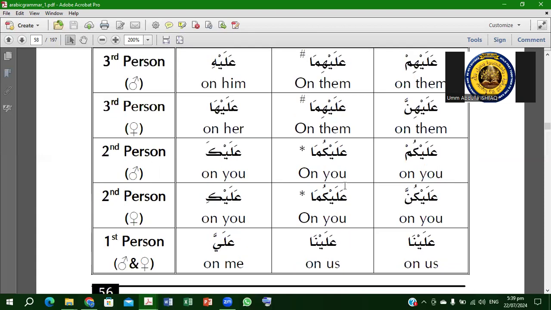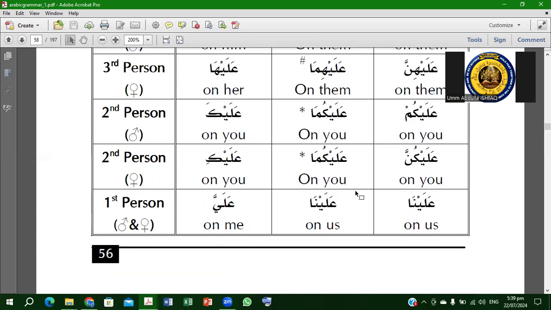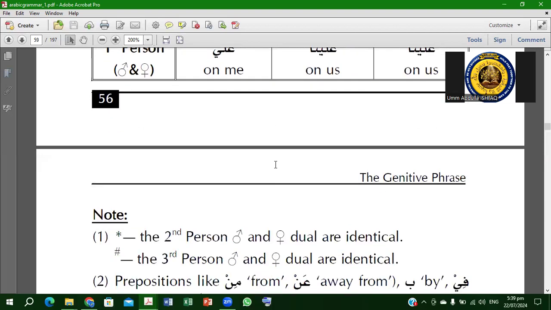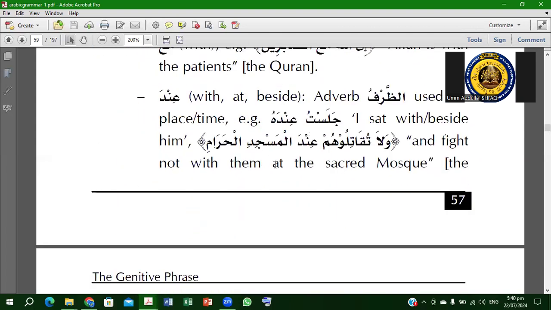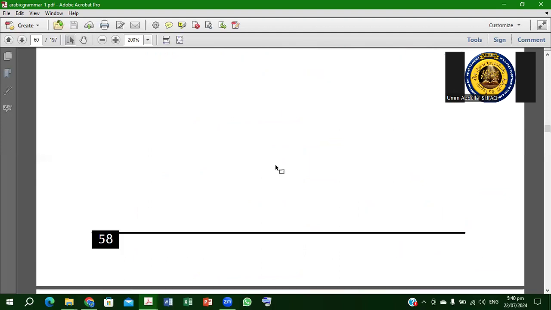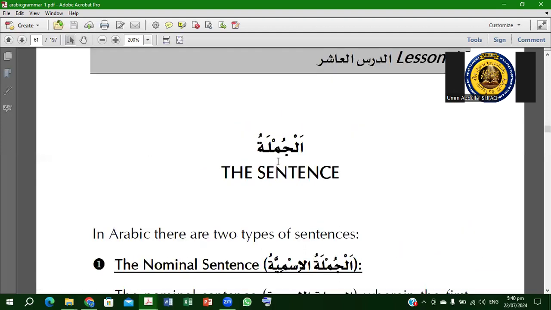Alaykum, on you all. Assalamu alaykum, peace be upon you all, right? Alaykum, on you. Peace be upon. So they can join with the pronouns as well. Yeah, so these are all the examples of jar.